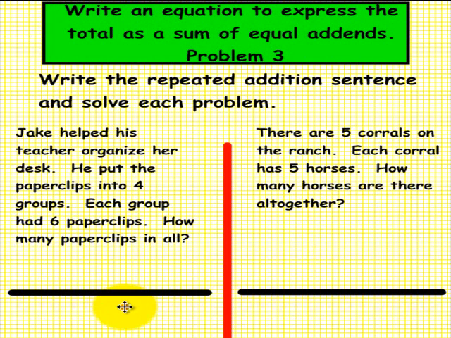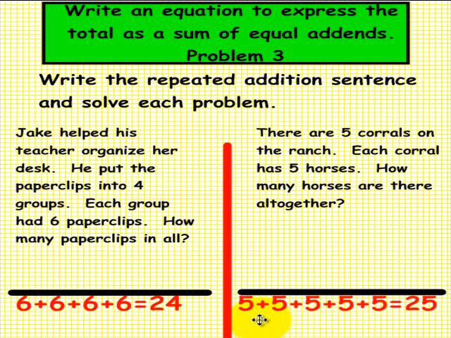Okay, let's see what we have here. We have 4 groups. Each group has 6 paper clips. 1, 2, 3, 4 groups. 4 groups of 6 equals 24. And on the right here, you should have 5 groups of 5 horses. 1, 2, 3, 4, 5.